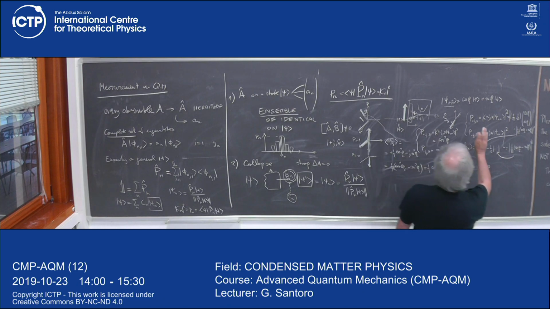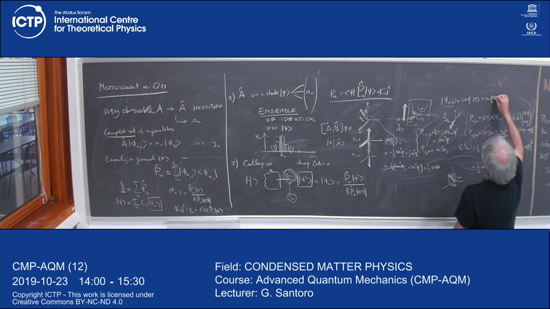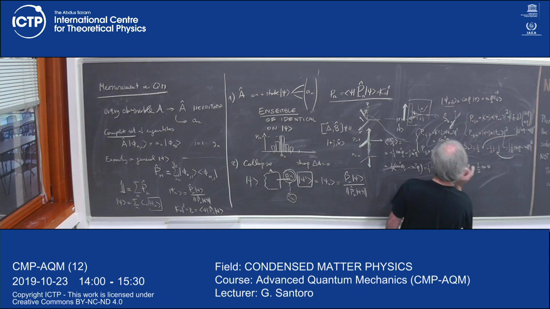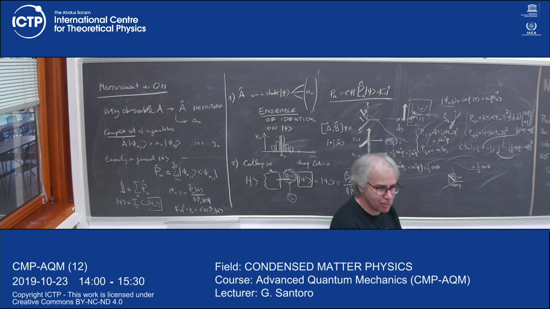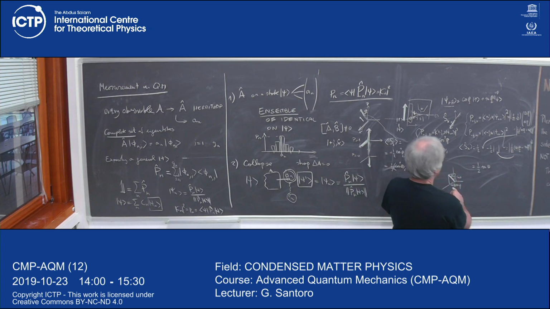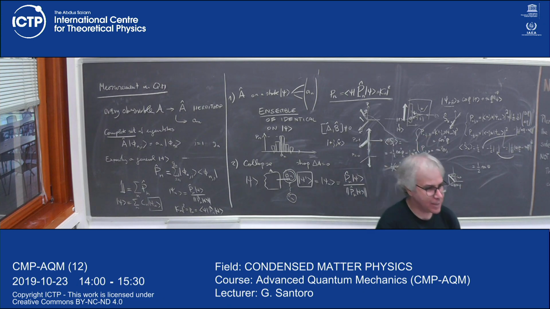And if I had here the famous phase e to the i phi, so the n was in a given direction n, I would measure this to be sine theta cos phi, and the other side, the y, sine theta sine phi. So the average values of the measurements are very simple to interpret classically. They are just cos theta, sin theta cos phi, sin theta sin phi, as in the spherical components.